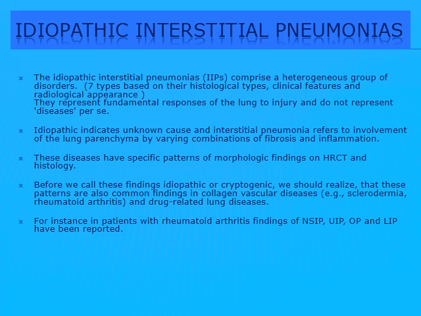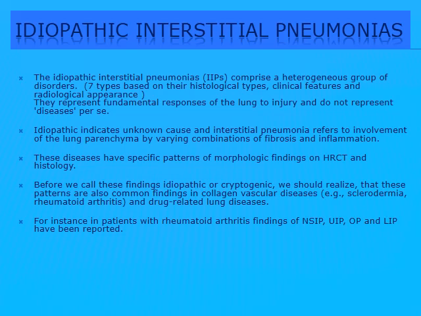That is to mean that we have different patterns of response of the lung having the name of the subtypes of these idiopathic interstitial pneumonias, not specific disease per se, but a pattern of response or histopathological pattern.